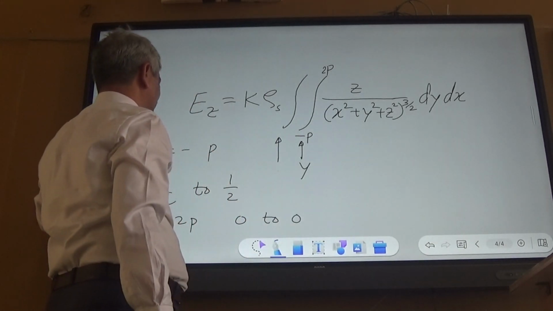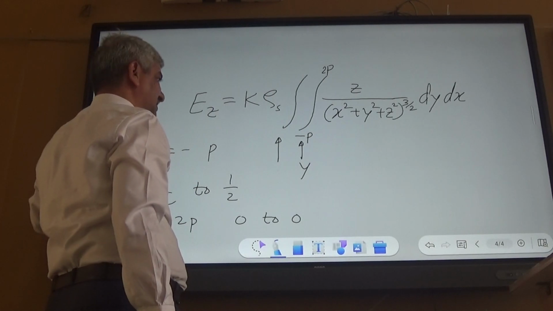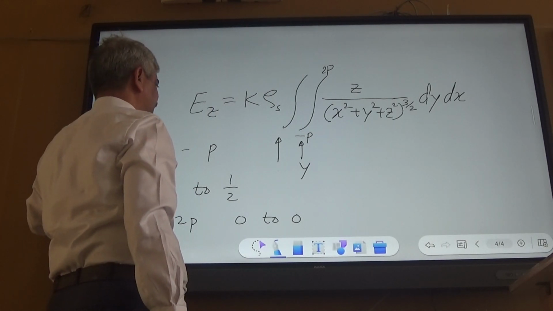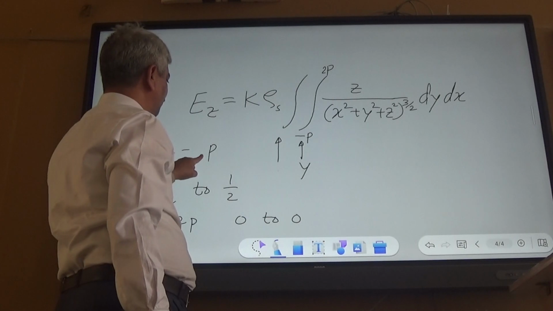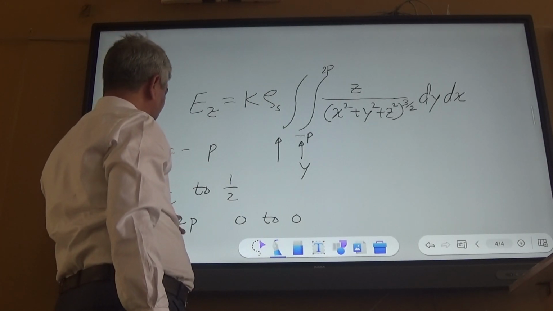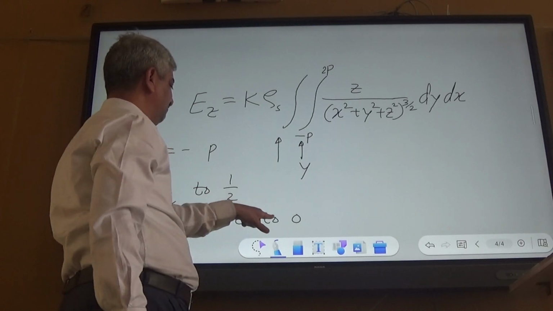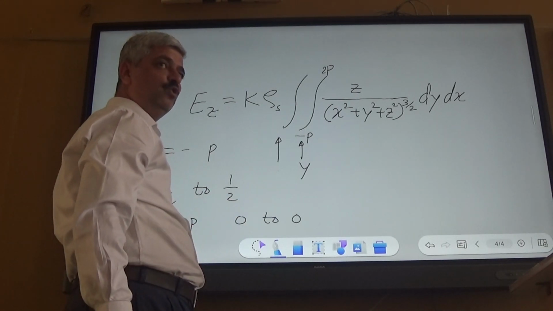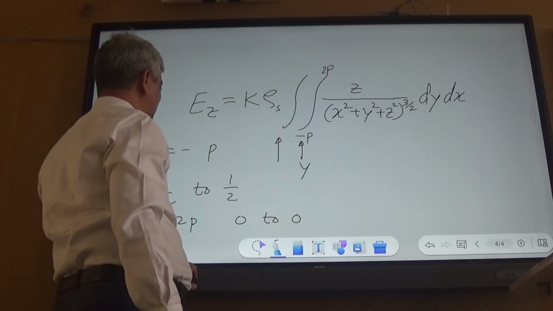So how should it be written down? When y goes from minus p to 2p, it changes from minus half to 0. Lower limit or upper limit?